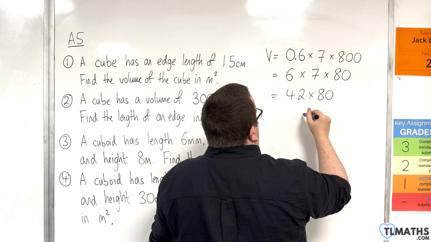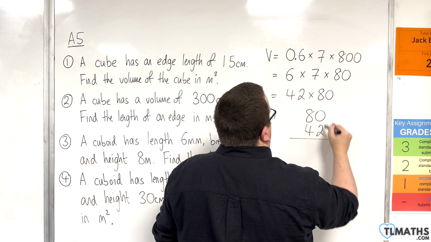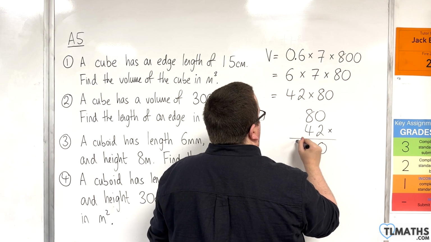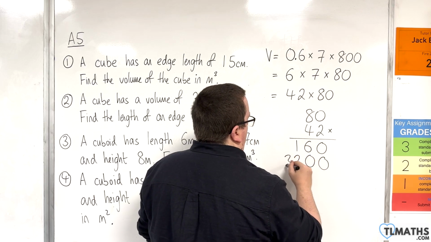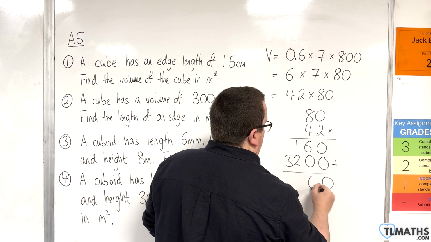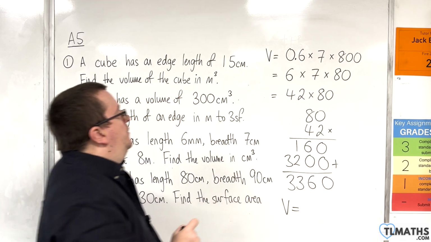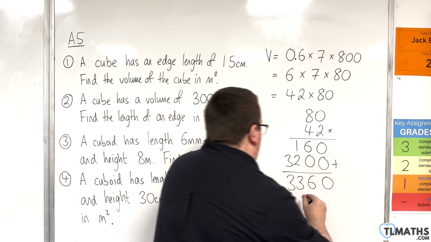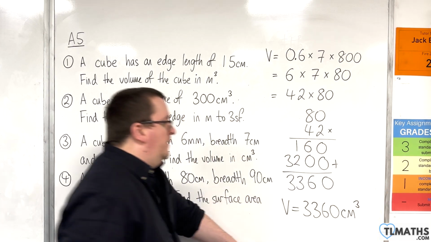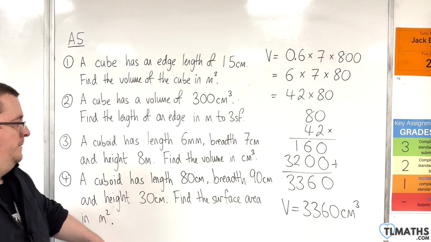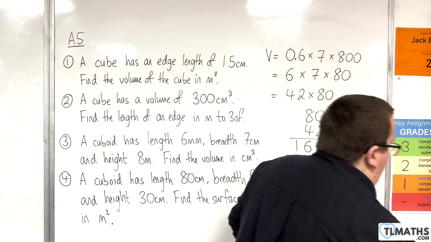So let's do it this way around, 80 times 42. 2 times 0, 2 times 8 is 16, bring the 0, 4 times 0, 4 times 8 is 32. Add those two together, 0, 6, 3, 3. So the volume is 3,360 cubic centimetres. Sorry, in cubic centimetres, not centimetres cubed. Okay, so that's number 3.